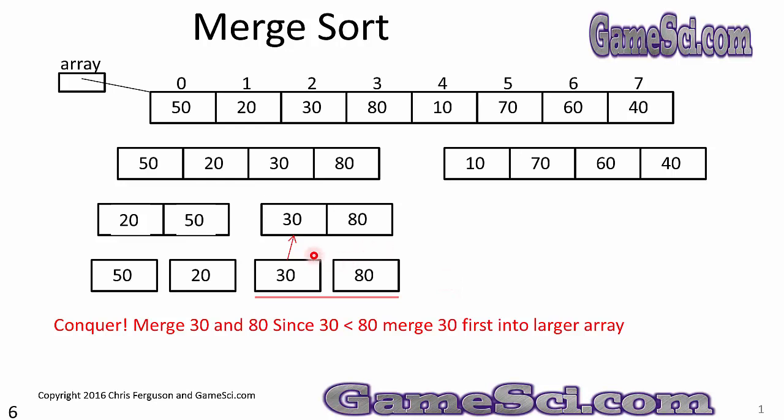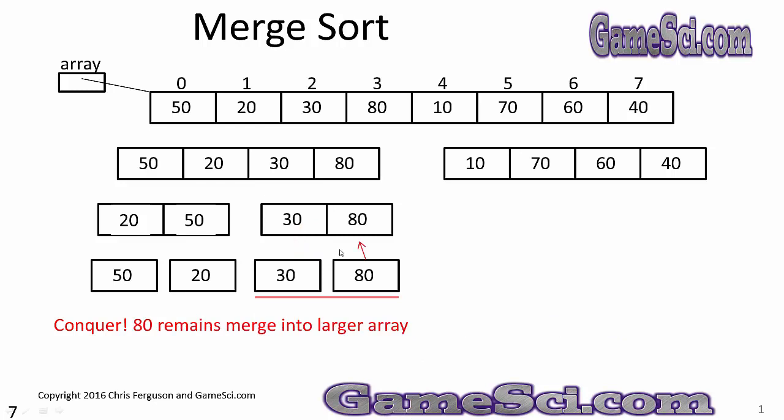Since 30 is less than 80, we'll merge the 30 first. Now let's conquer the right side. The 80 is left. We'll merge the 80 back into the bigger array. Once again, we took 2 arrays of 1 item each and logically merged them back into 1 array of 2 items. See how both sides of these 2 arrays are now sorted?